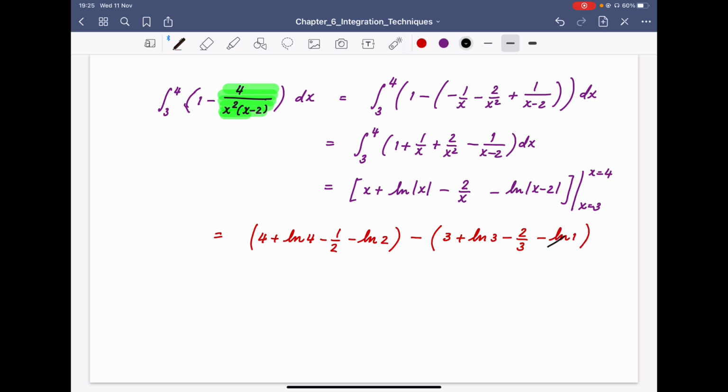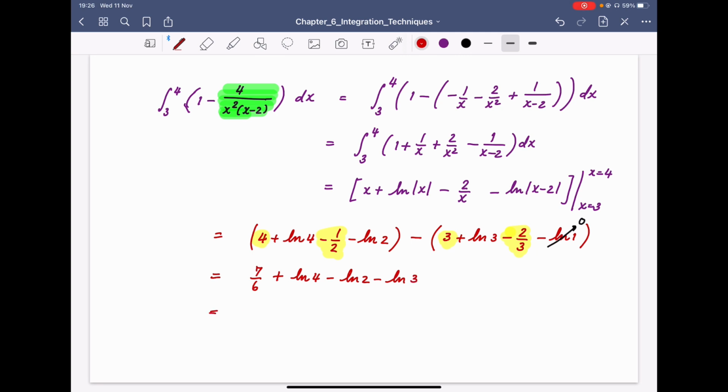Log 1 is 0, so it goes away. Now you can group it up. You can group 4 minus 1/2, which is 3.5, and then minus 3, which is 1/2, and then add 2/3. Once you compute these numbers, it is going to be 7 over 6, and then plus log 4 minus log 2 minus log 3.